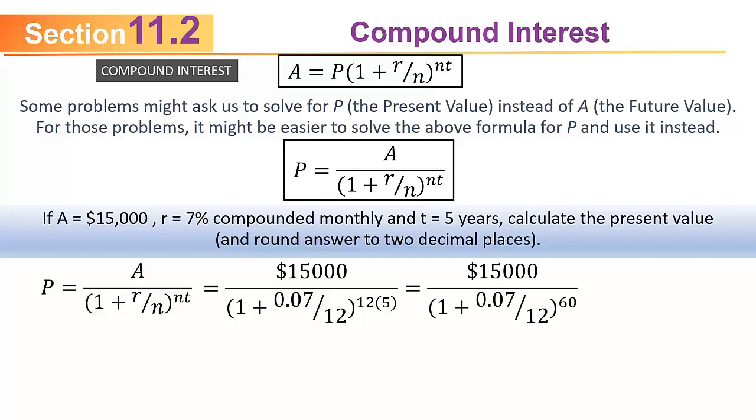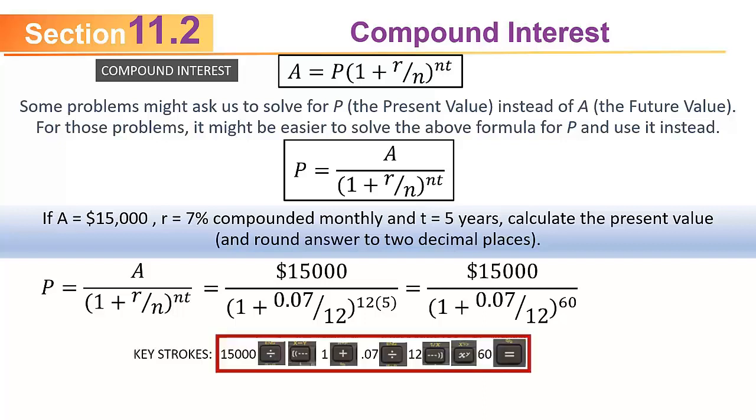And if you take my advice and multiply the 12 times the 5 together to get 60, at this stage you really can take that entire thing and type it into the calculator all at once. And there are your keystrokes. You type in 15,000, the fraction bar is a division symbol, then you hit the left paren and do 1 plus, then you type in 0.07, and then the slash is another division, so you hit divided by 12, then you want to close the right paren.